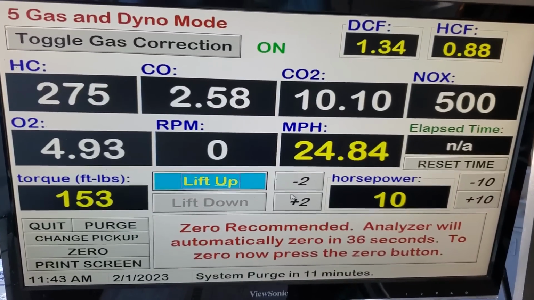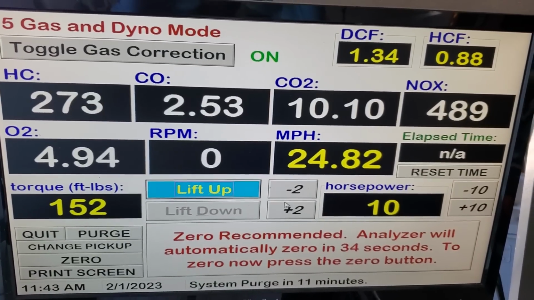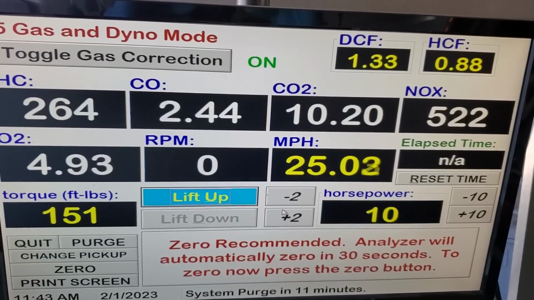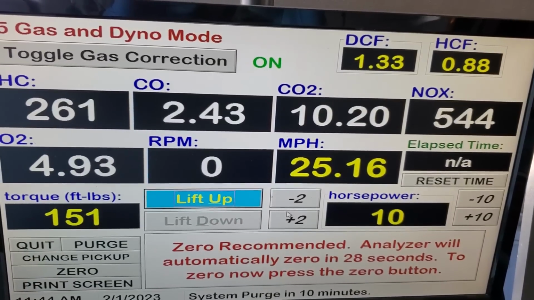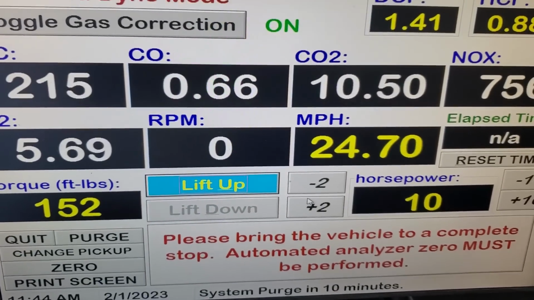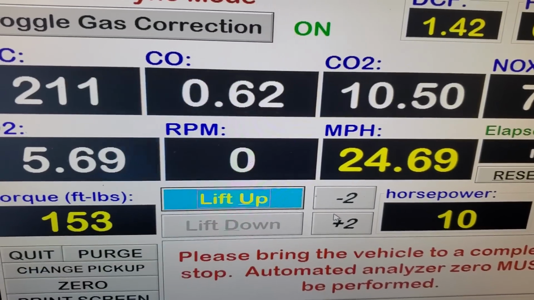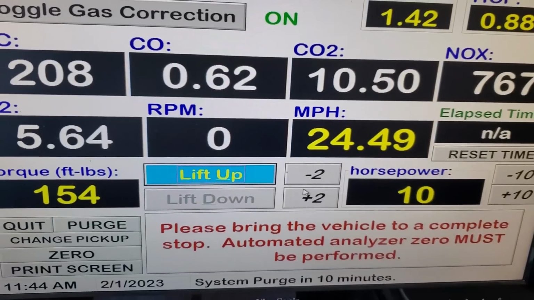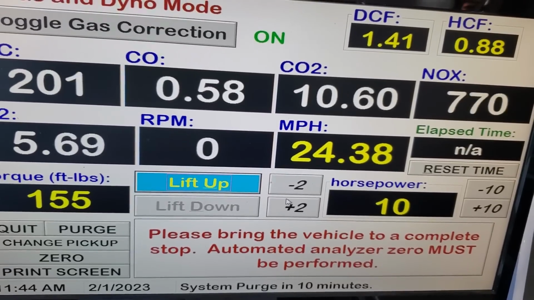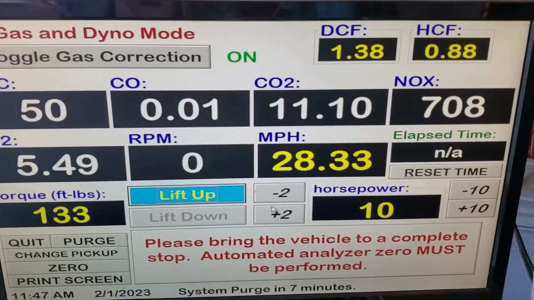We're still not in closed loop yet. Okay, there, I think we just went into closed loop. Okay, let it idle.